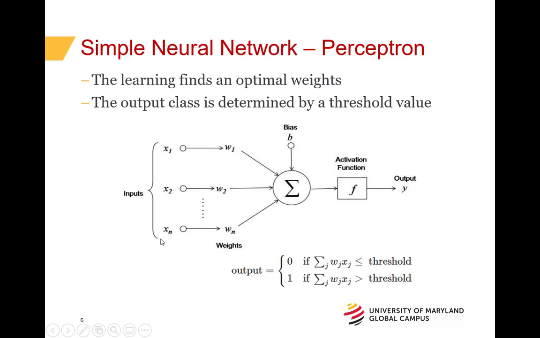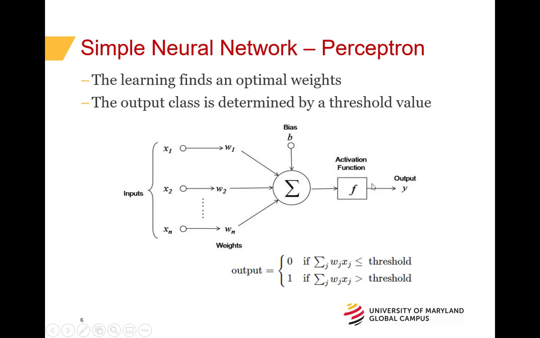For each one of the inputs, we apply different weights, which will be learned, and then they are combined through a linear combination. We take the sum of the product of the input and the weight, and we apply a bias term to that, and that aggregated value is transformed through an activation function.